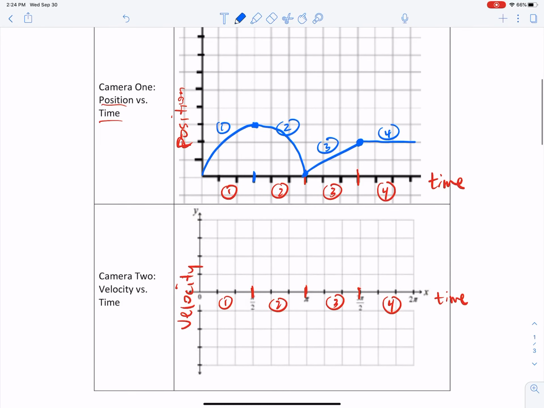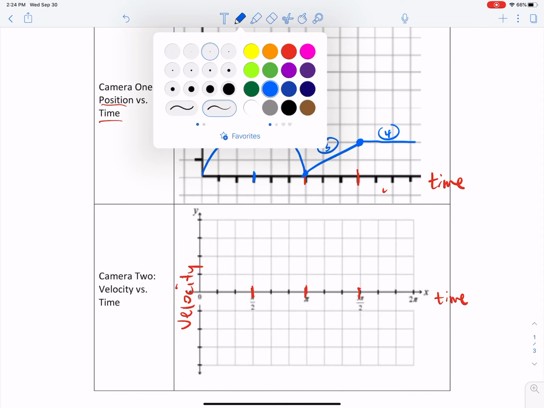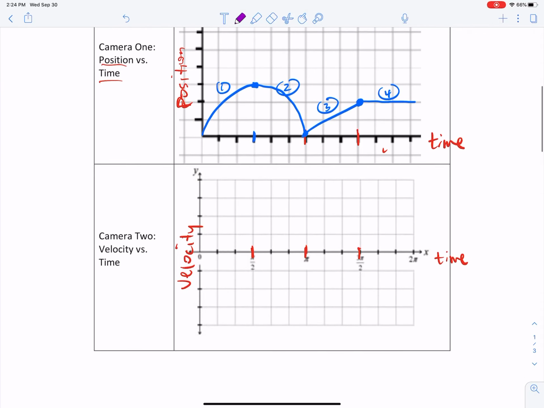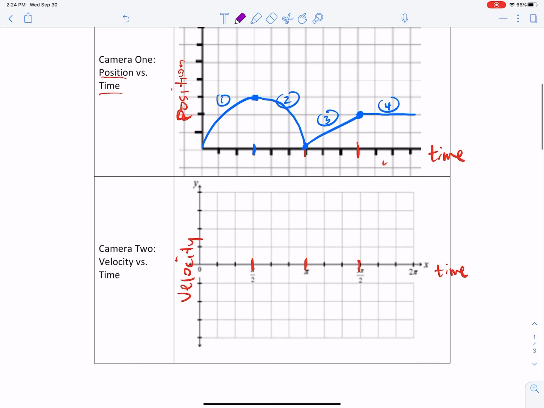So now instead of showing where the object is, it's showing how fast and in what direction. So let me unclutter my picture. All right, let's try this in velocity view. So here we go.